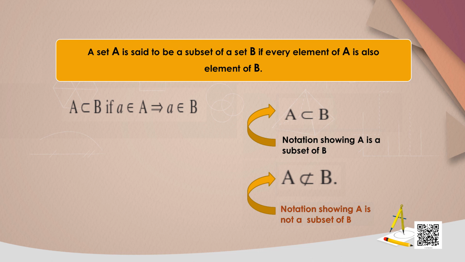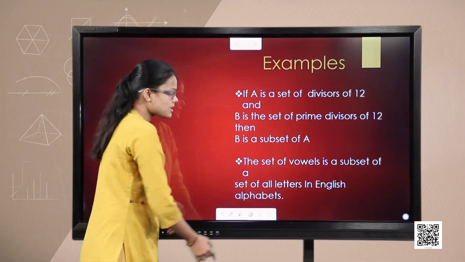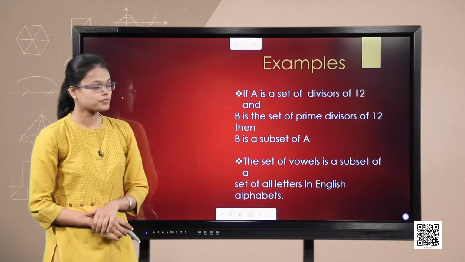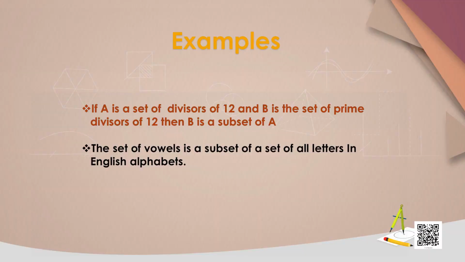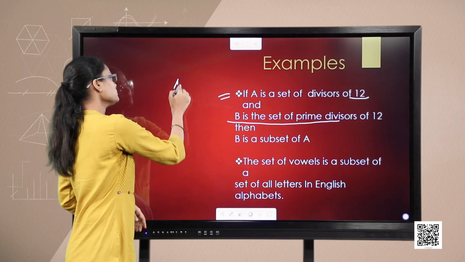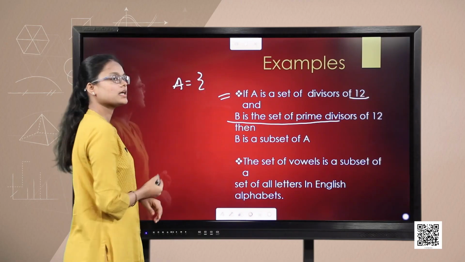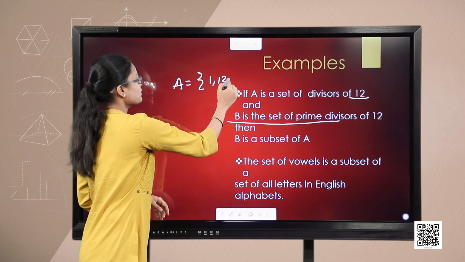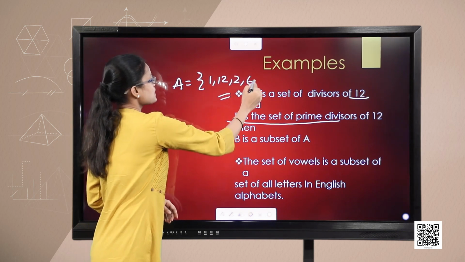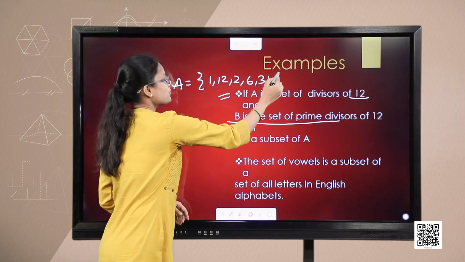Let us take some examples on it. B is the set of all prime divisors of 12 and A is the set of divisors of 12. Can you write all the divisors of 12? Let us list them. They are 1, 12, 2, 6, 3 and 4.